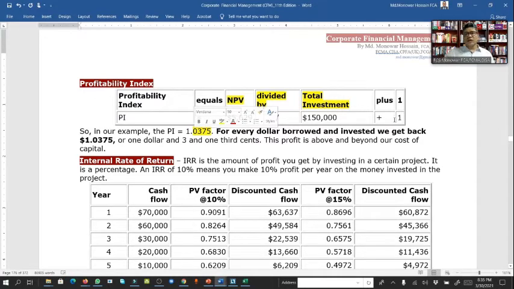If we add this 1, then it is 1.0375. So the formula is that if the profitability index is more than 1, we should accept that project, because 1 means 100%, and more than 1 means more than 100%. So that is the benefit. That's why sometimes profitability index is also used for capital budgeting. This profit is beyond the cost of capital.